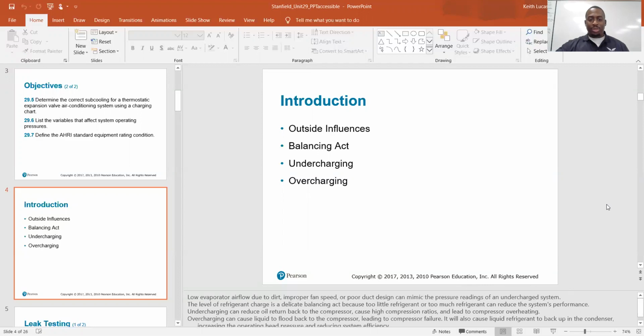So the level of refrigerant charge is a delicate balancing act. Too little refrigerant or too much refrigerant can reduce the system's performance. Undercharging can reduce oil return back to the compressor, cause high compression ratios, and lead to compressor overheating.